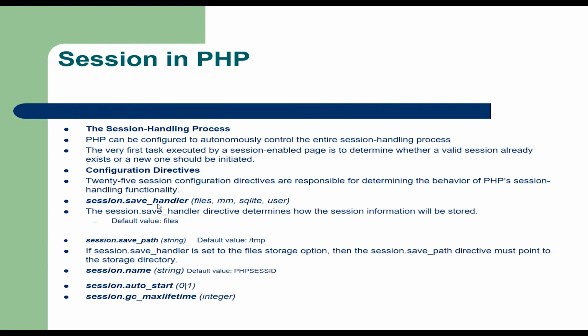session.save_handler: inside php.ini, we can set whether we want to save the sessions inside files, which is the default setting on the server, or we want to save the session data inside the database. session.save_path: if session.save_handler is set to the files storage option, then session.save_path must point to some storage directory. session.name: the default value for this setting is PHPSESSID. session.auto_start: it is either set to false or true.